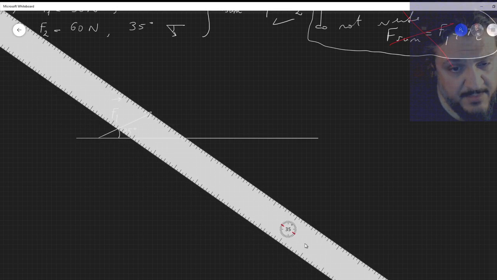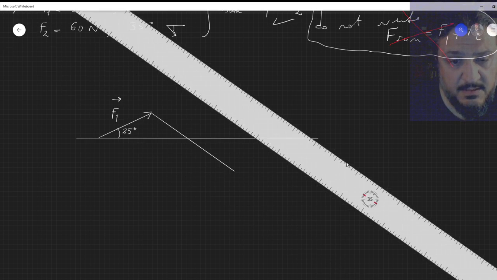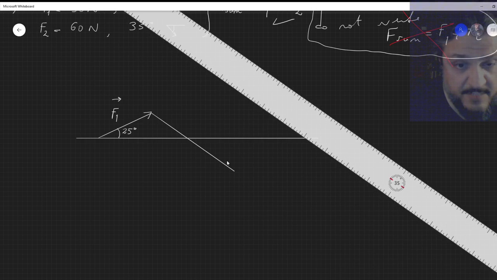The scaling should now be, for 60 newtons, 4 inches. 1, 2, 3, 4. So this is my F2.